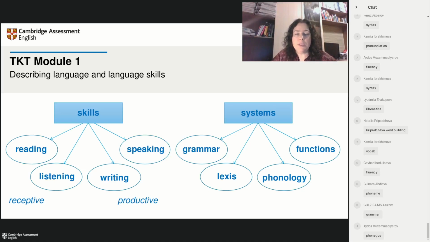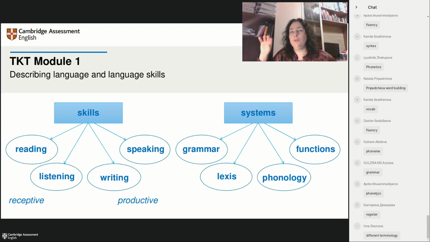Also, if you run a lesson on systems, for example, grammar or Lexis, or functional language, you can build your lesson from focusing on receptive skills, helping students understand the meaning of the target language, and then shifting towards controlled practice and then freer practice, and freer practice will be with the focus on fluency, of course.